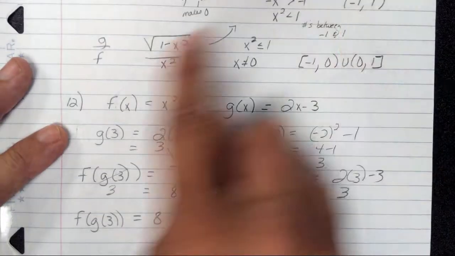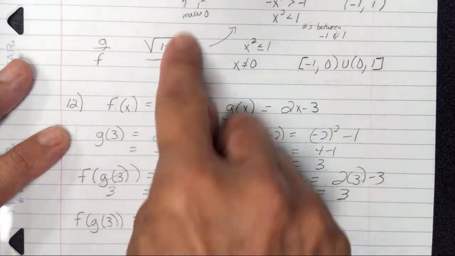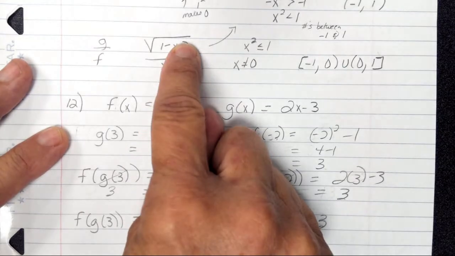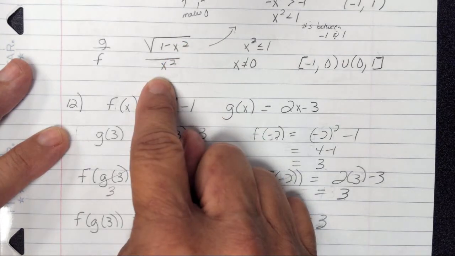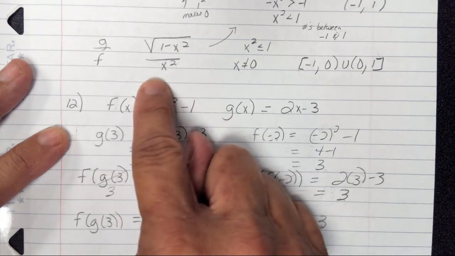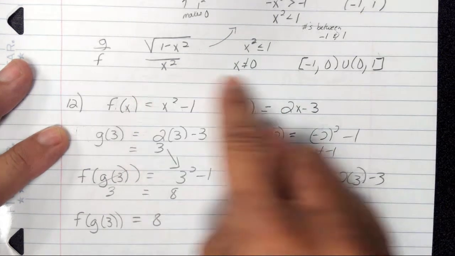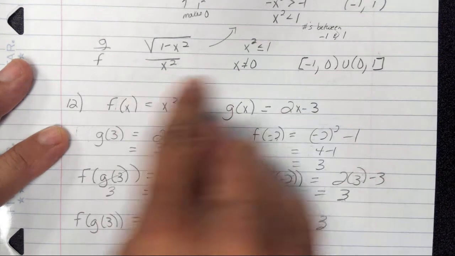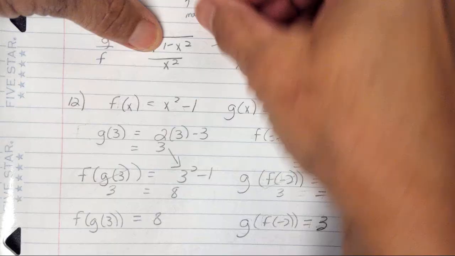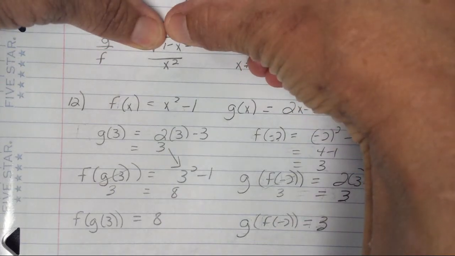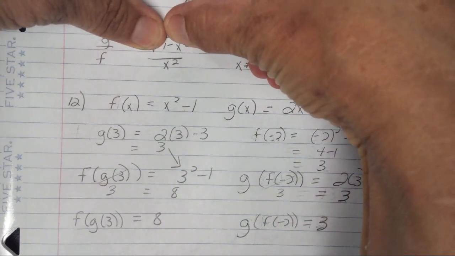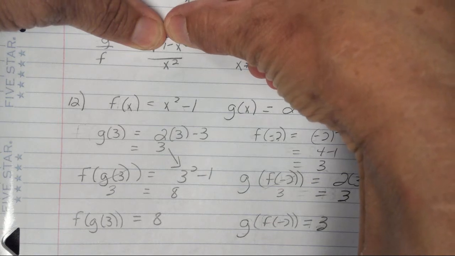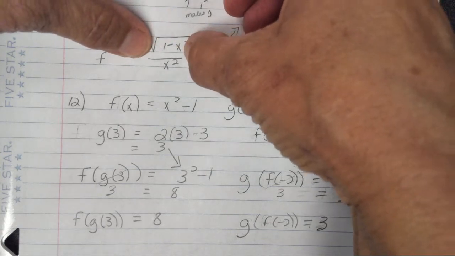Here, we have 2 problems. We have a square root on the top, and we have an x on the bottom. So this means x cannot equal 0. If I take the square root away, do I need to worry about the top? If I just have 1 minus x squared, do I need to worry about the top? No. A parabola doesn't have a restriction, but does a square root have a restriction? All right?